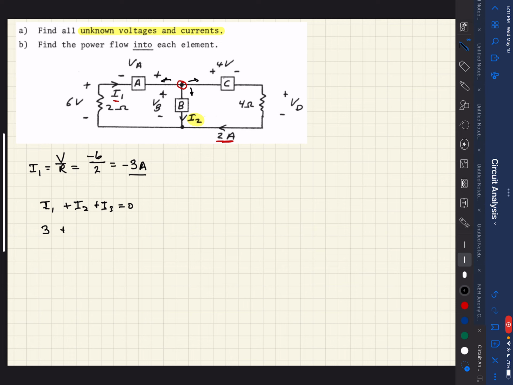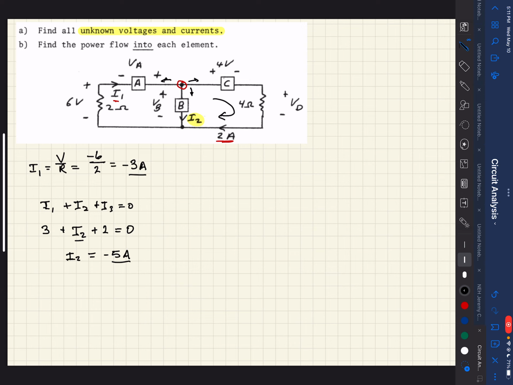Then we've got plus I2. We're showing it leaving the node, the direction out. And then we're showing 2 as leaving out of the node as well, so that'll be plus 2. And that's all got to equal 0. Now if we solve for I2, I2 is equal to minus 3 minus 2, so that's minus 5 amps. So that's I2.